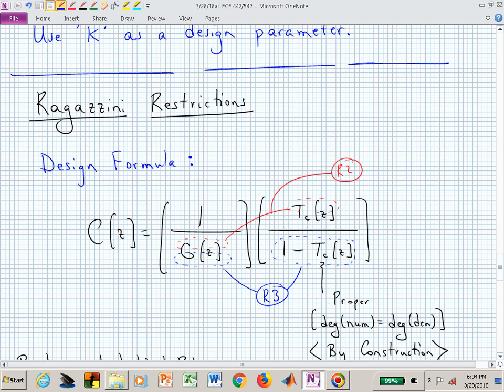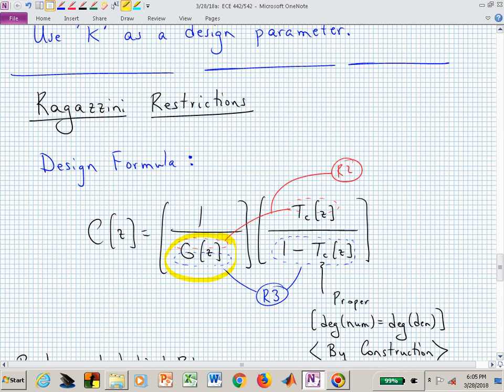In this expression, if your plant, and now I'm circling g of z, in fact had unstable zeros, those would end up in the denominator of your controller, because they're in the numerator of your plant and you're putting the entire plant in the denominator.